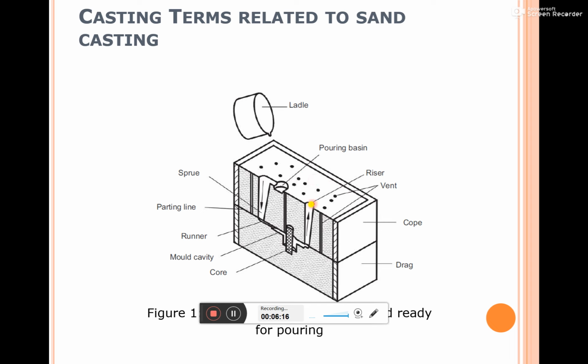After completion of the production of the product using the sand casting process, we are going to break the entire mold. You can use it only one time. That's why they are known as temporary molds.